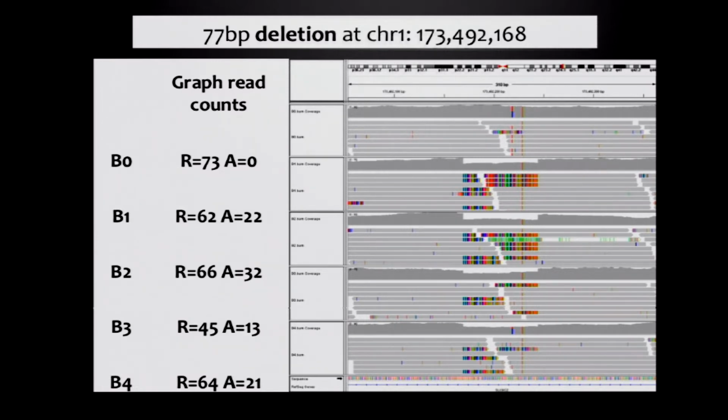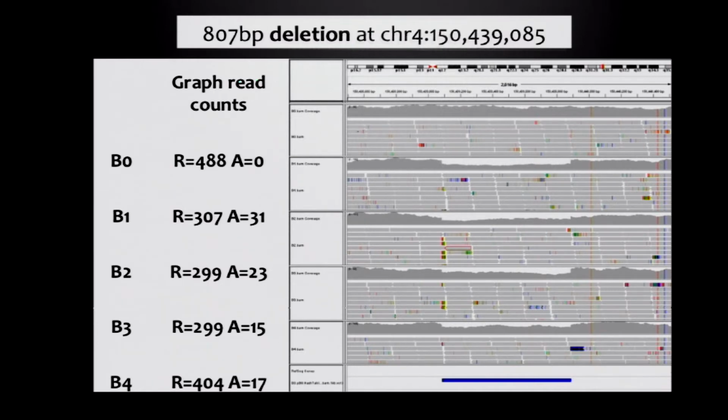Sorry, things are shifted here. So this is B1. You can see that it's present in all the tumor samples, but not in the normal. But this was not detected by any other method. So you have a lot of these situations. Another one here, an 807 base pair deletion, etc.